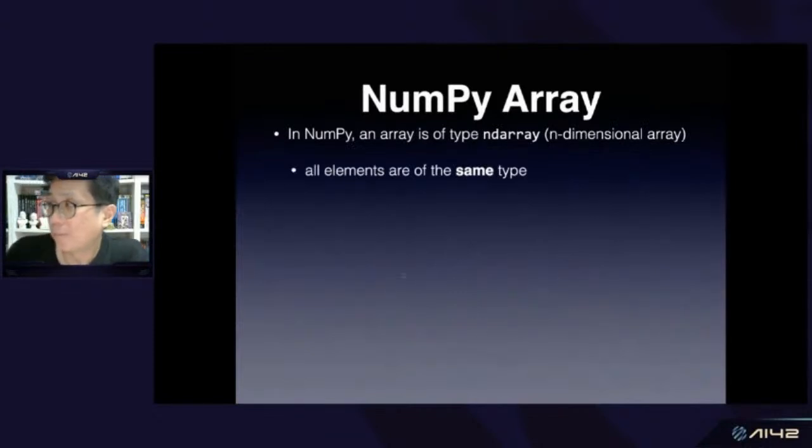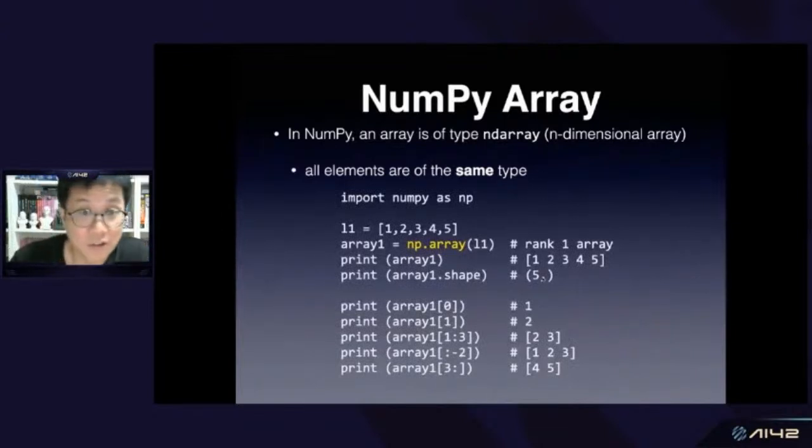Like I mentioned, in Numpy, an array is of type ndarray, and they are all of the same type. So consider this example where I have a list L1, 1, 2, 3, 4, 5, and I can convert this into a Numpy array. So with np.array, I can convert this list into an array, and once I have converted this into an array, I can print out the shape.